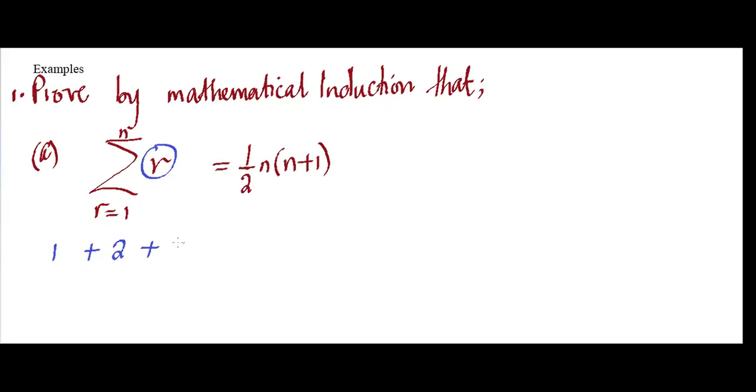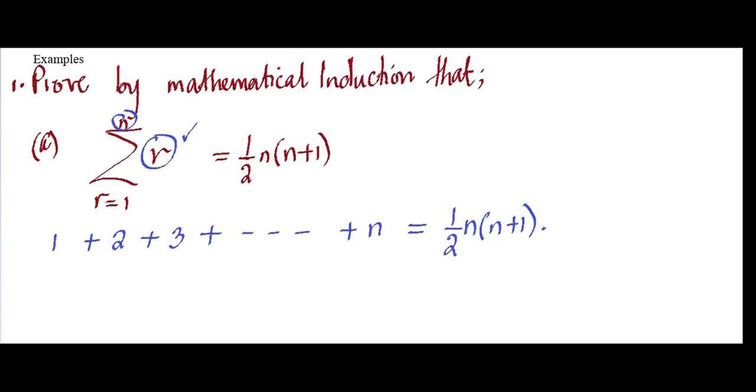When r is 3, it reads 3. The expression is the one I've circled in blue. When r is 4, and so on, until r takes up the maximum value, which is n. That series, when summed up, is equal to a half n into n plus 1. That is the series we want to prove.